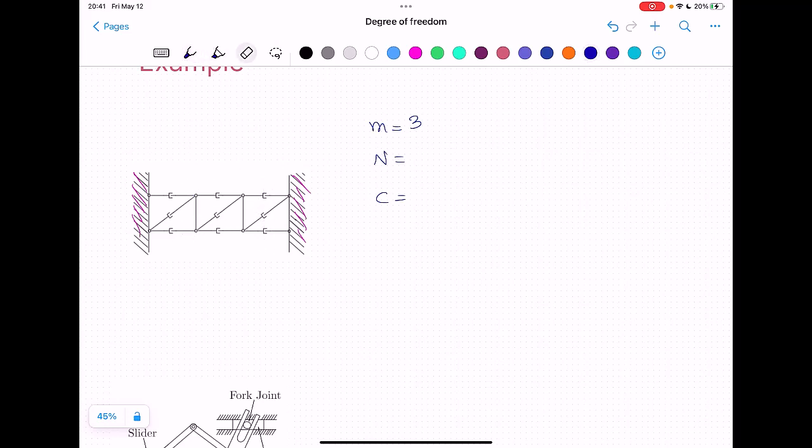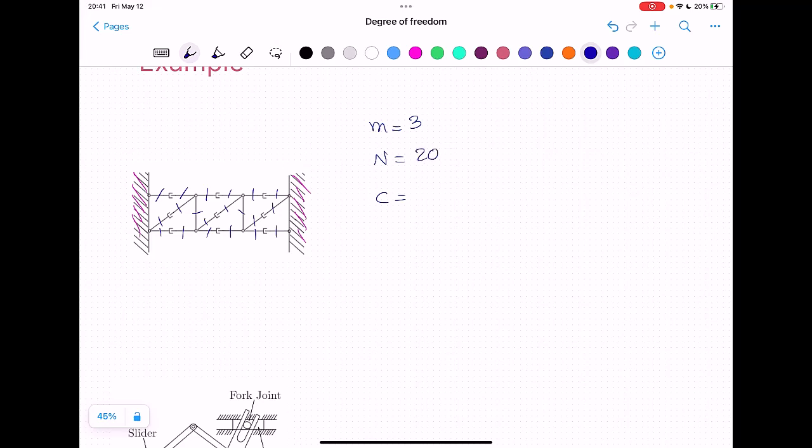I want to identify the n parameter. As you know, the n parameter is the number of links. I want to count them: 1, 2, 3, up to 20.